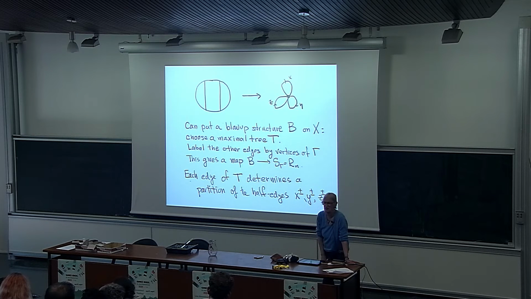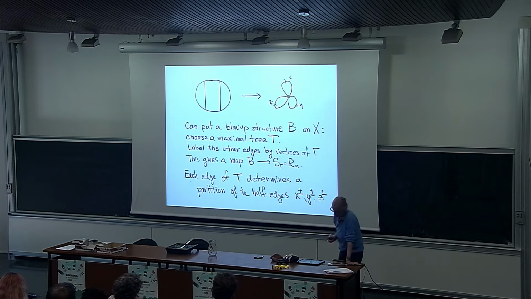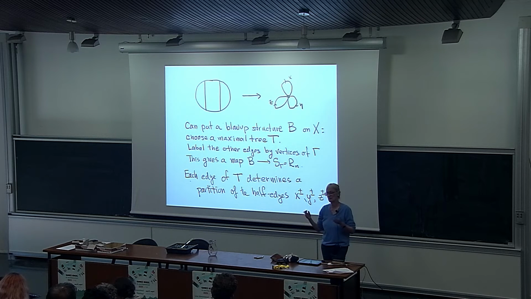I want to tell you another way of describing these gamma complexes. If I have a graph, I want to put a certain structure on the graph. Any graph, you can find a maximal tree. So here's a maximal tree in this graph.